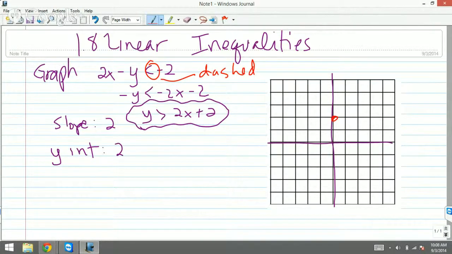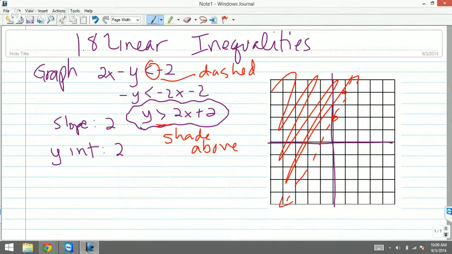So plus 2, slope is 2. Above or below? Yeah. So that means it has to be in y equals form to do that rule. Okay. So it has to be like this if you're going to use that above-below rule.